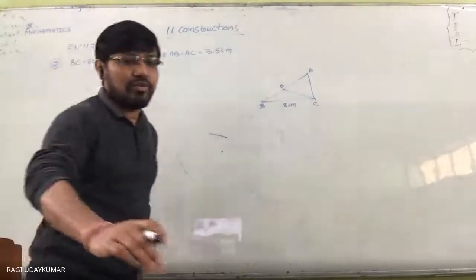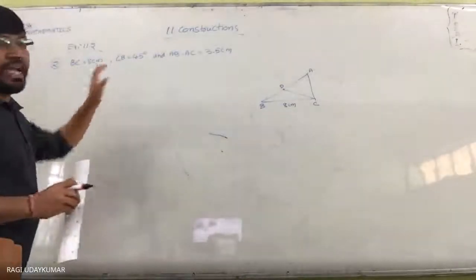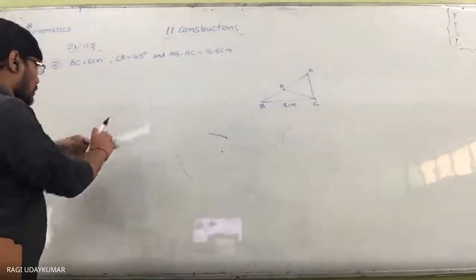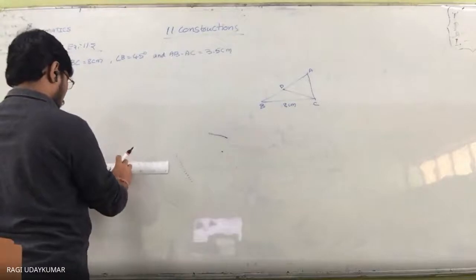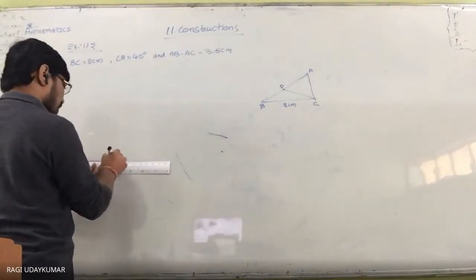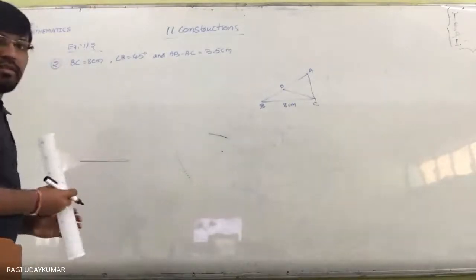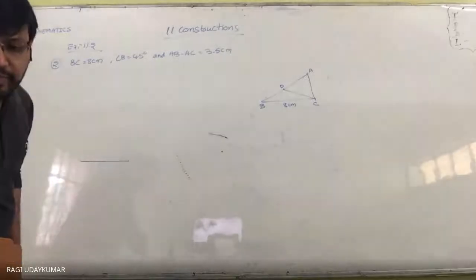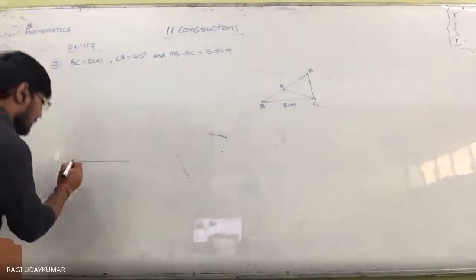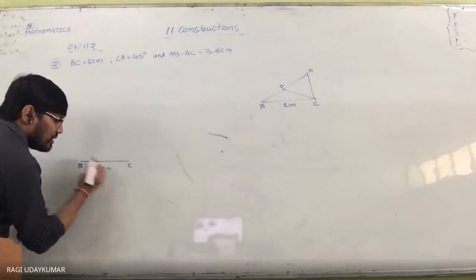So first, what you have to do? Let us take the ruler, and BC 8 centimeters you need to construct. So a little bit downwards I'm taking here 8 centimeters. After drawing the line segment, immediately write BC and 8 centimeters.